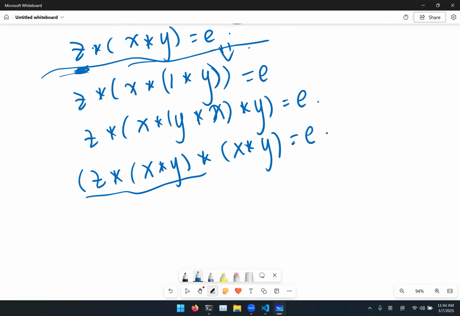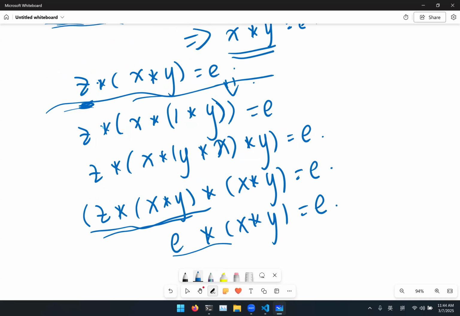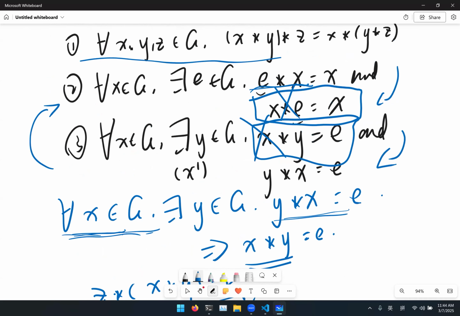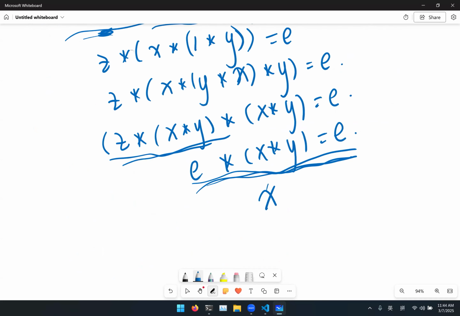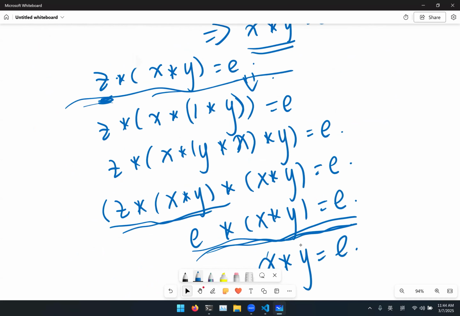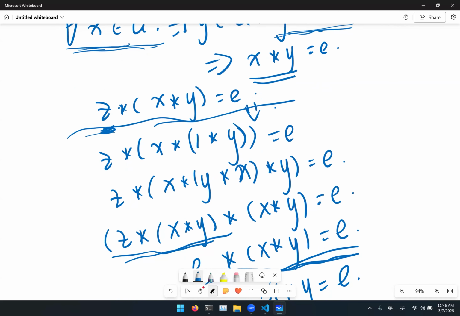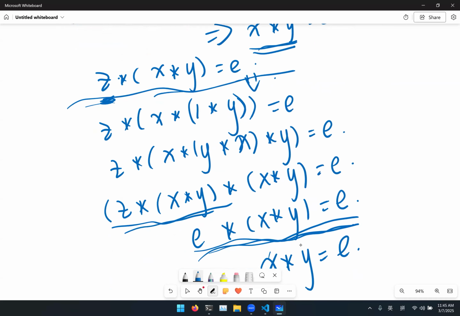So we can just substitute it into e equals x multiply y equals e. And in the last equality, we find that we already have the left identity. Left identity multiply arbitrary x equals x itself. So this will yield x multiply y equals identity. So here is how we start from y multiply x equals identity and derive x multiply y equals identity.